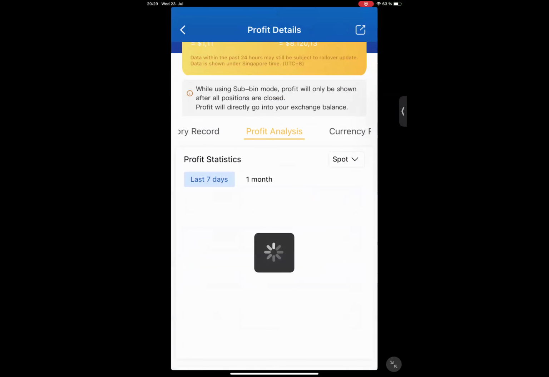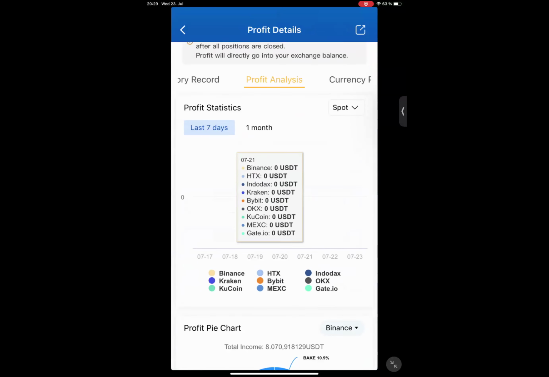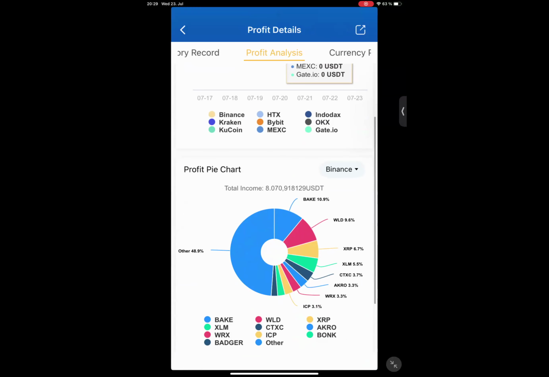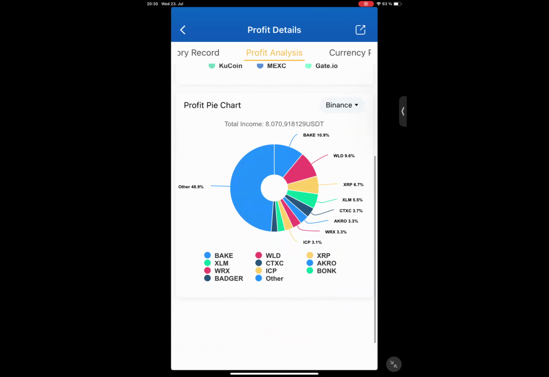Now let us go to profit analysis. The profit analysis also displays this beautiful pie chart for you to see the profits you have made on each coin in percentage. So you can see WLD, XRP, XLM, CTXC, ACRO, WRX, ICP, and so on.